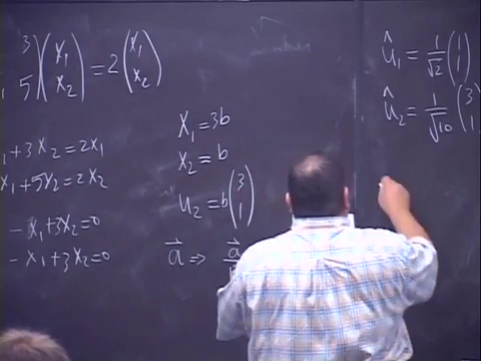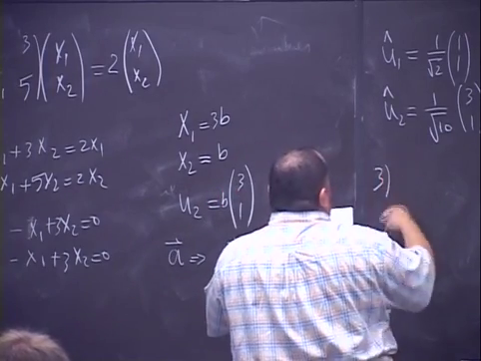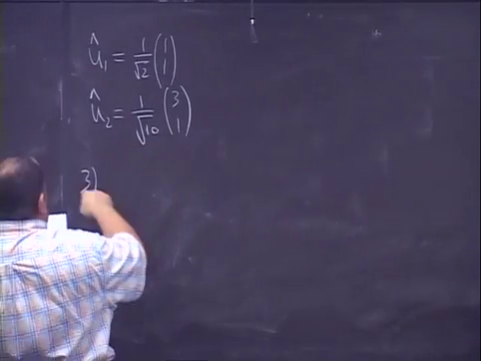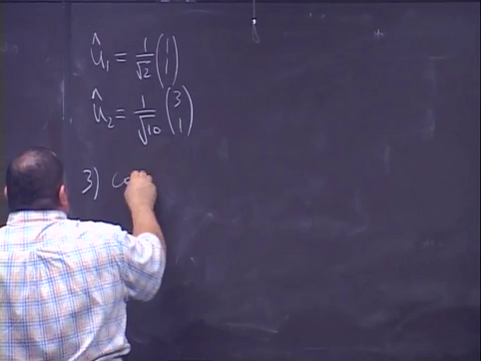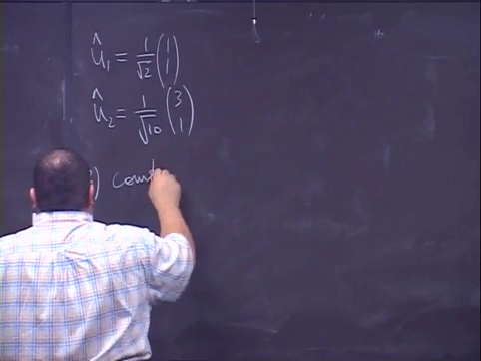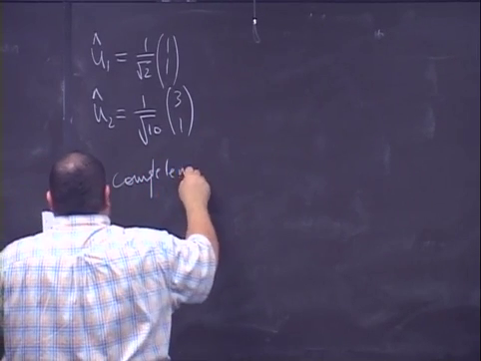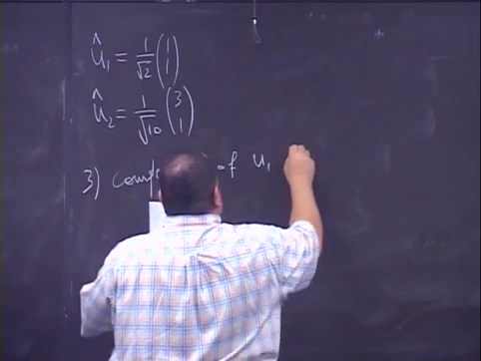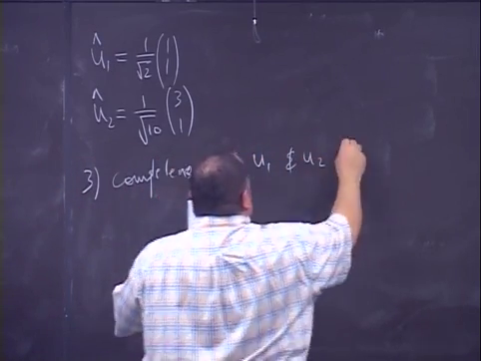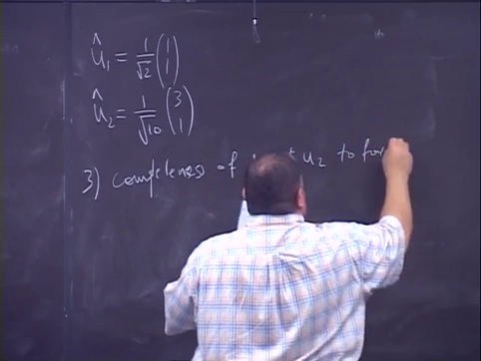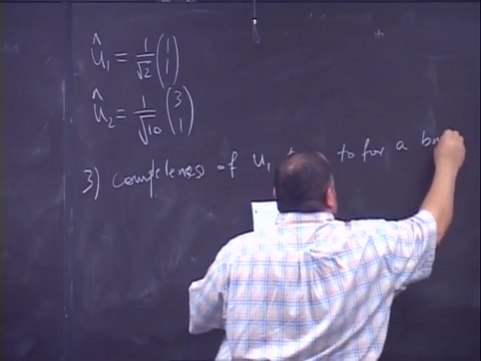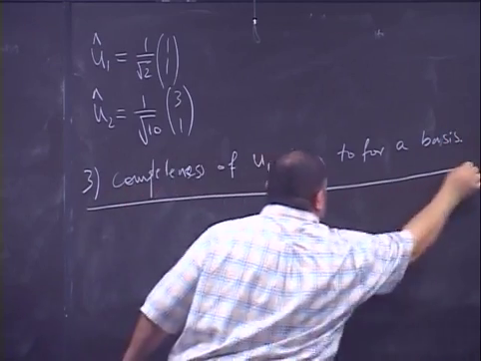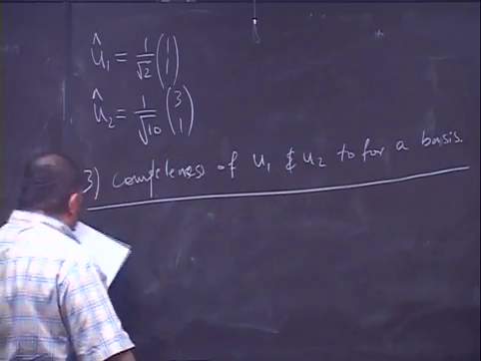So in this case, this is the third property. We got the eigenvalues first and the eigenvectors, and then number 3, the completeness of this solution. Completeness of u1 and u2 to form a basis. So they will form a basis.